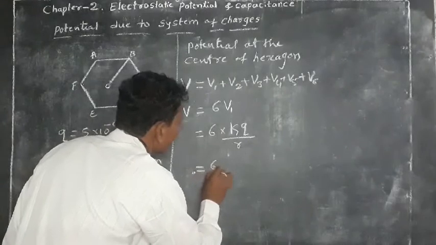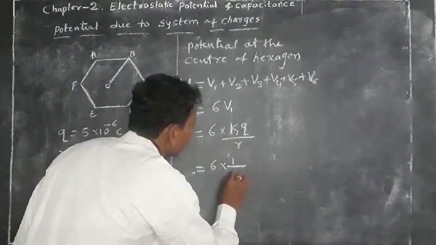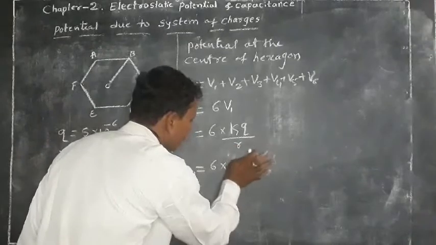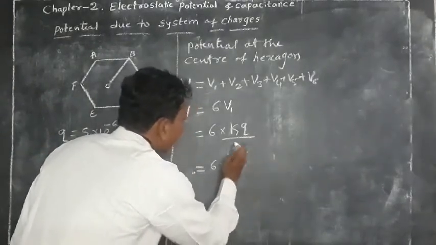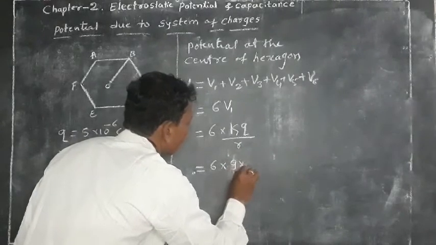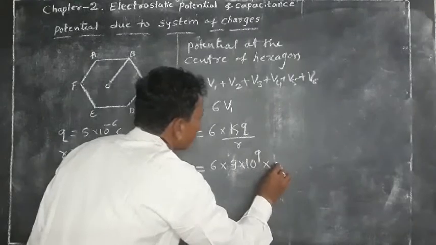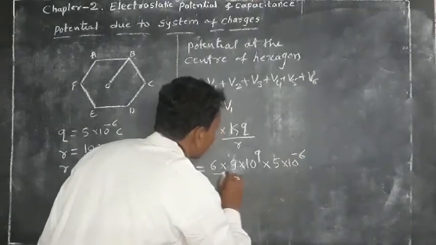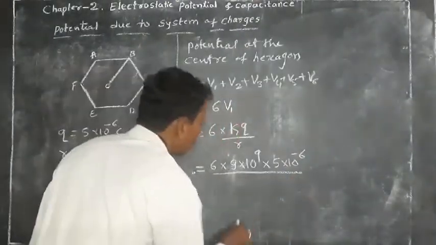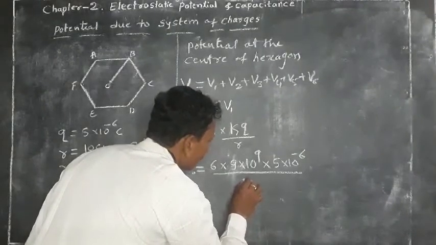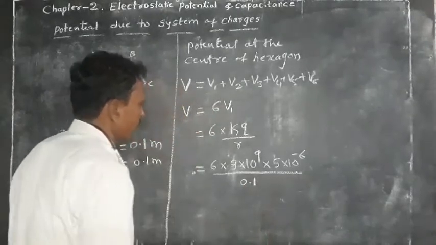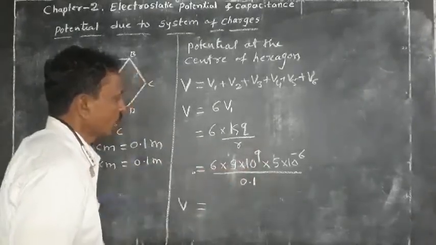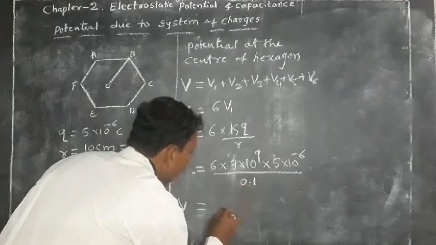That is equal to 6 into k, where k is 1 upon 4 pi epsilon naught, or k equal to 9 into 10 raised to 9, into magnitude of charge 5 microcoulomb, that is 5 into 10 raised to minus 6, upon the distance of the center from each vertex, 10 centimeter, that is equal to 0.1 meter.